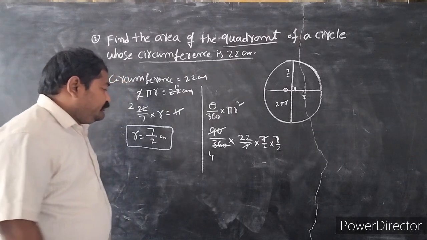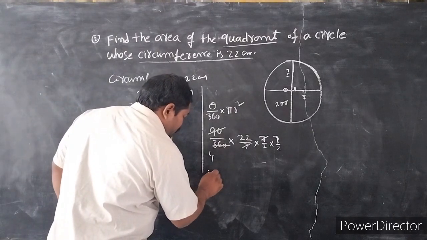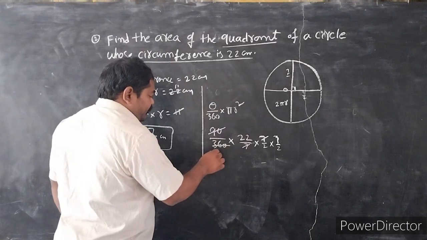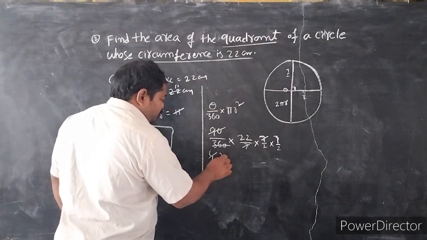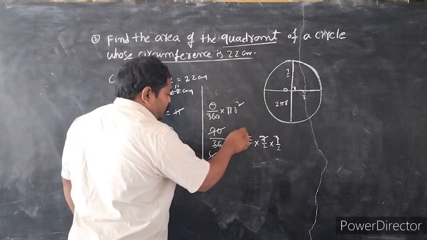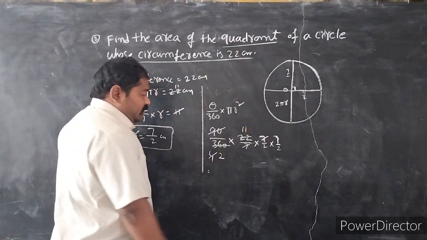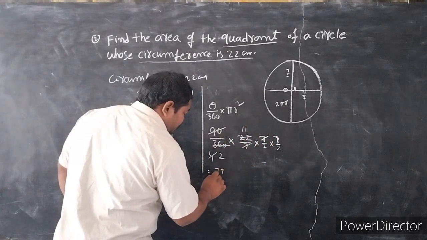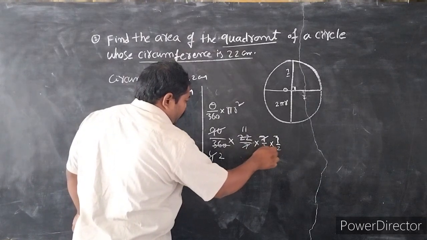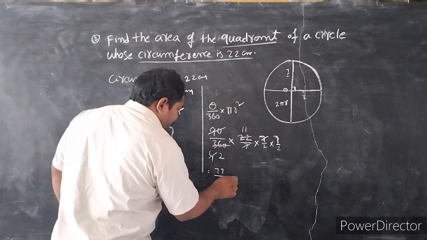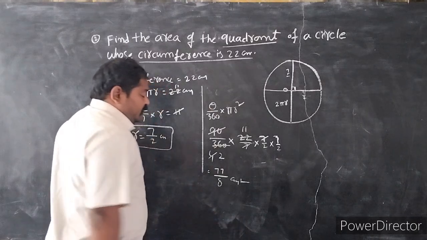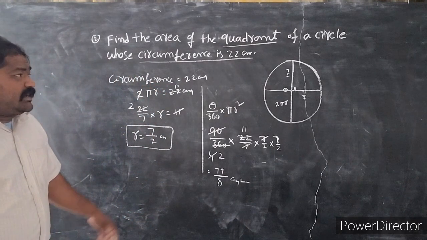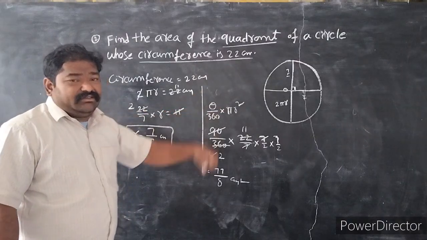On cancellation we get 2 1s are 2, 2 2s are 4. 2 11s are 22, therefore we have 7 1s are 7, 11s are 77 divided by 2 4s are 8, so 77 by 8 centimeters square. This is the area of the quadrant with a circumference of 22 centimeters.